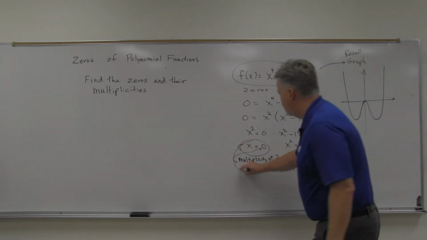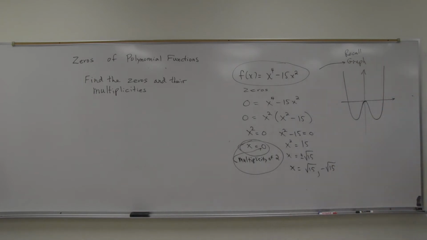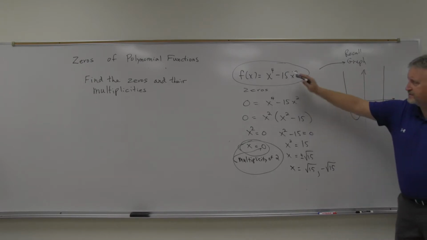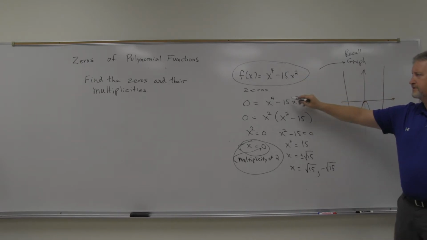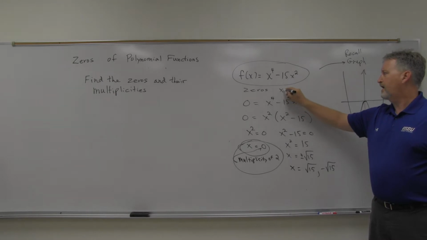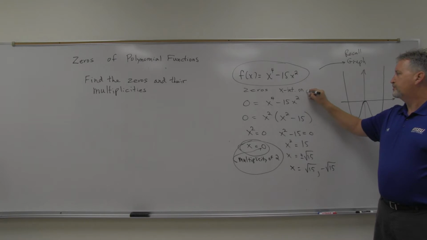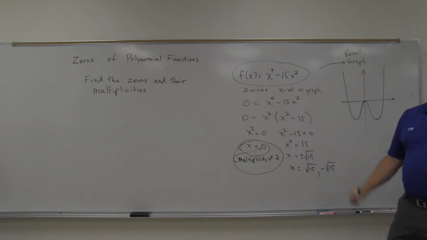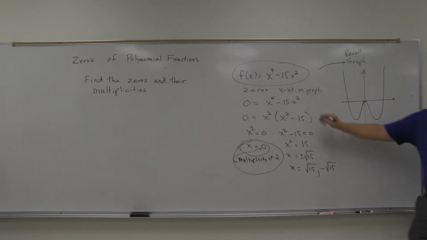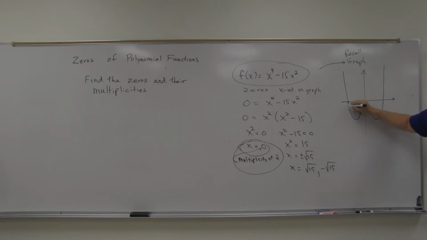Because this zero of 0 had a multiplicity of 2, you notice that these zeros, the real zeros, are x-intercepts on the graph. Why is that? Because the y is 0. So they're x-intercepts on the graph: this one's the negative square root of 15, this was the positive square root of 15, and this was the 0 of 0.